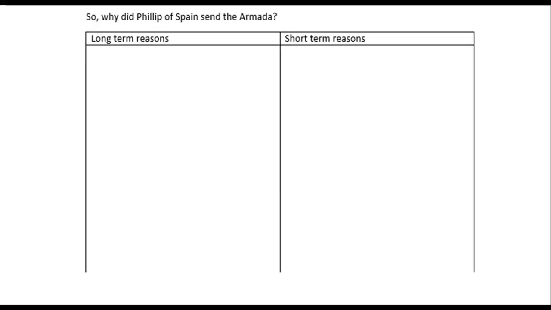Right, so what should you mainly have in your table? Well, the long-term reasons are to do with the political and the religious and the economic rivalry between Spain and England, the long-term issues over England's encroaching on the Spanish Empire, the work of Sir Francis Drake and his piracy, and England's attempts to muscle in on some of the trade and some of the riches that Spain was getting from the New World, the Catholic-Protestant conflict and how that fed into the Philip of Spain versus Elizabeth conflict, also the political rivalry, two powers in Europe trying to compete against each other.